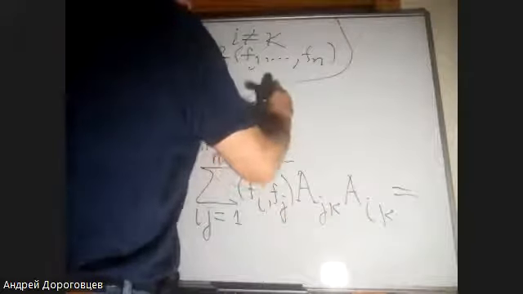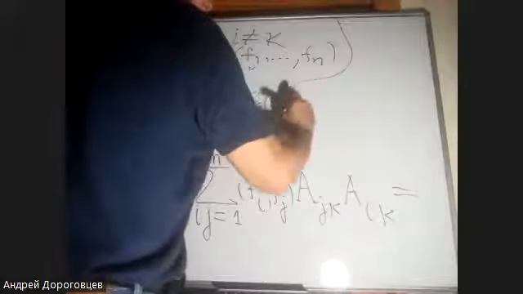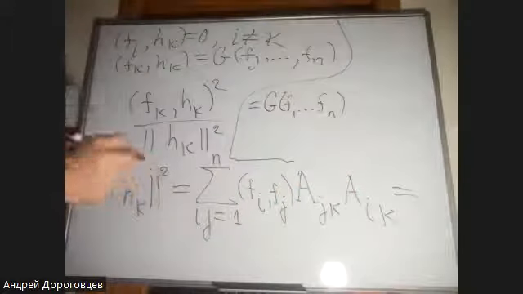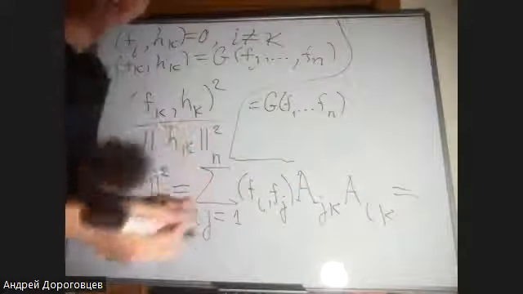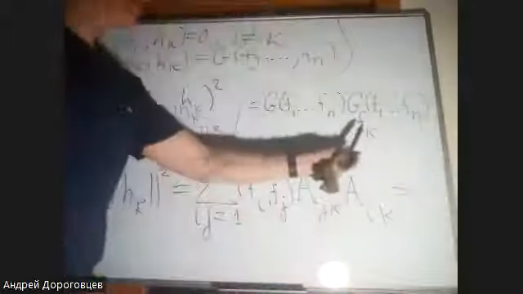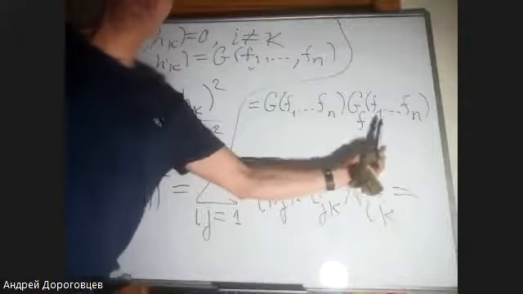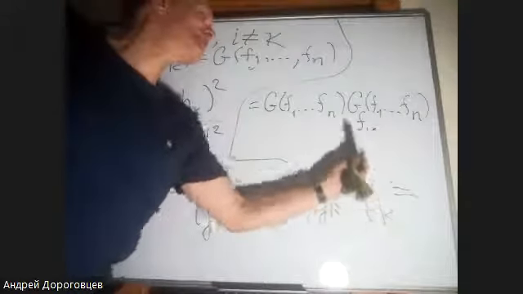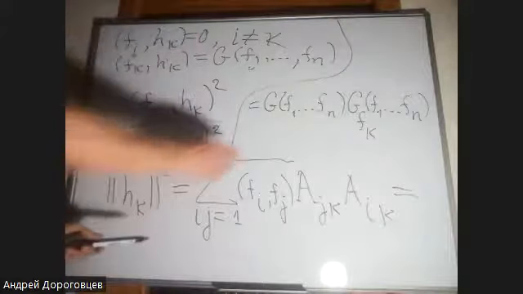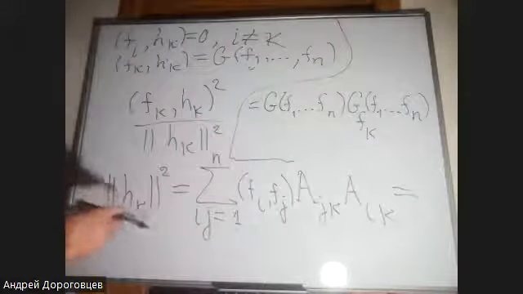It is equal to the Gram determinant G(f1,...,fn) times the smaller Gram determinant where we exclude fk. I will denote this Gram determinant as G(f1,...,fk-1,fk+1,...,fn). So this is also a Gram determinant, but based on all vectors excluding this vector fk. Please check this by yourself.